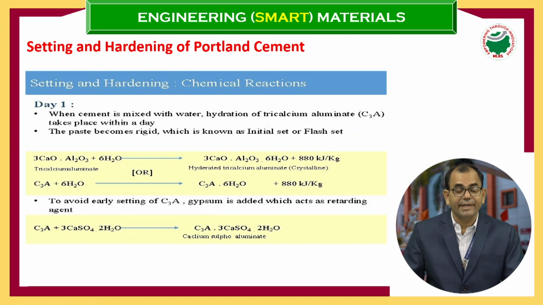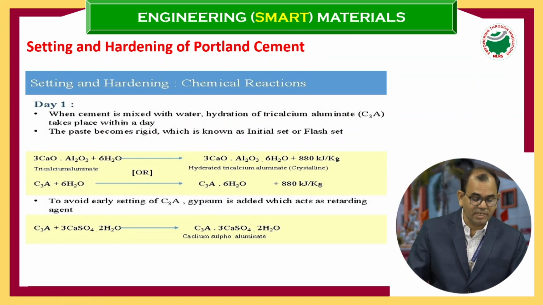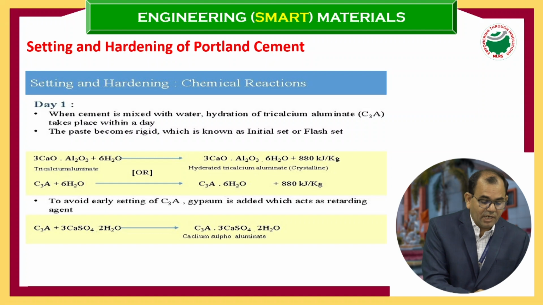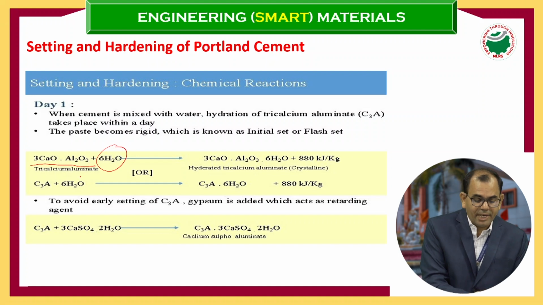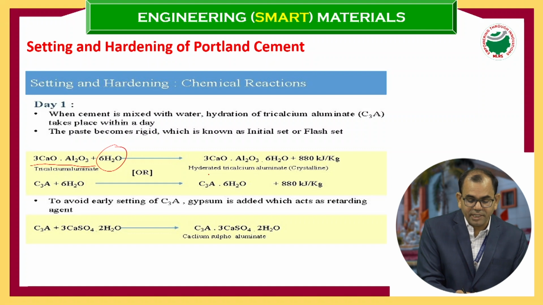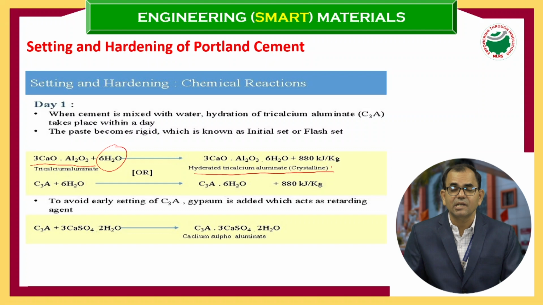Here we can see day 1. What is the reaction? Same as we discussed earlier. Tricalcium aluminate with 6 moles of water molecule combines, and what is it giving? Hydrated tricalcium aluminate, which is crystalline. Crystalline is nothing but it is becoming hard. Concrete formation is taking place.